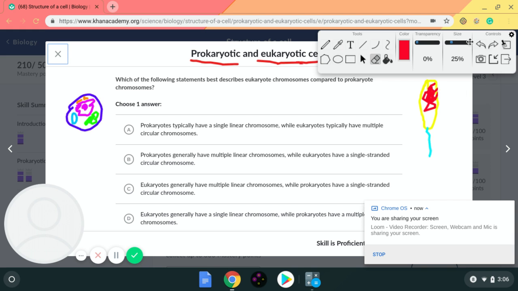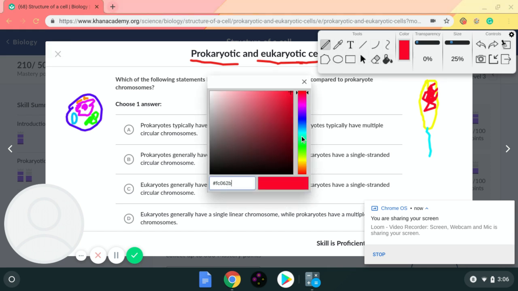That's the difference between a prokaryotic cell and a eukaryotic cell, or one of the main ones anyway. Now, there's another difference that I might want to mention.